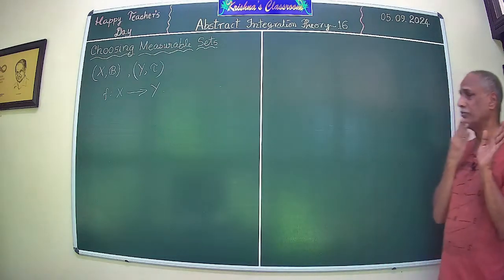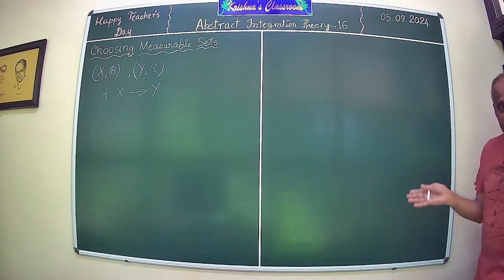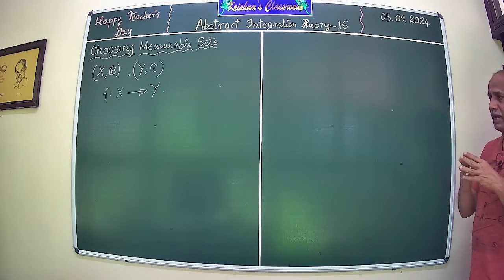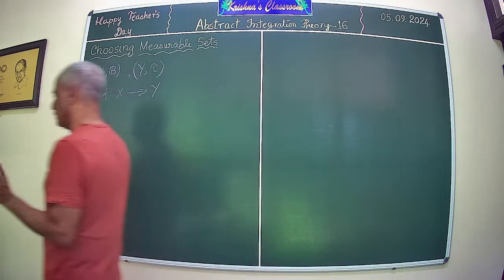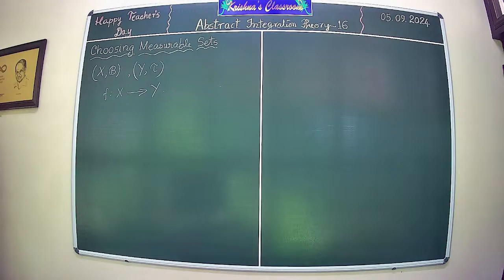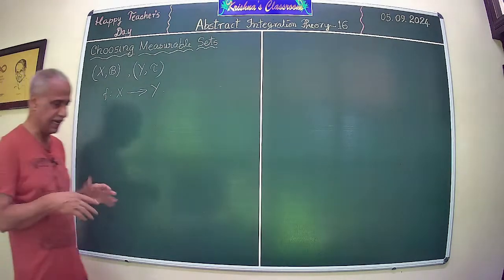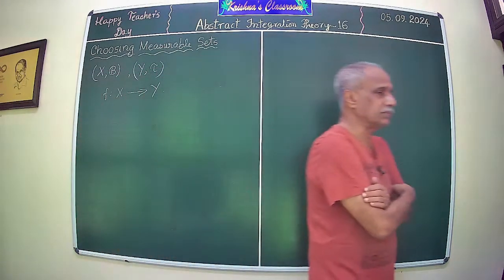In fact, we failed to do it for all possible subsets, but there was a large class of Lebesgue measurable sets, where the Lebesgue measure was an extension of the concept of length of an interval.